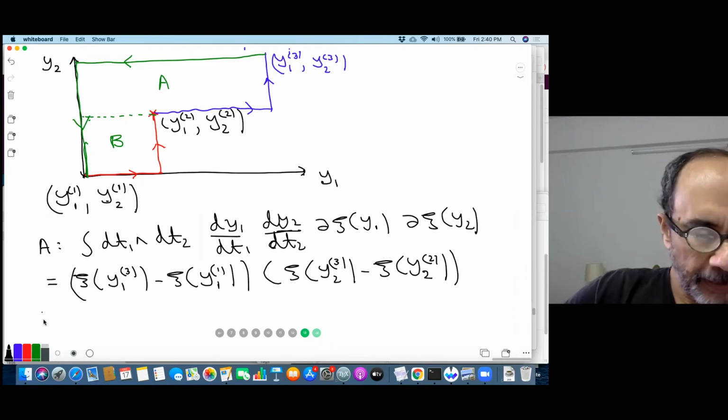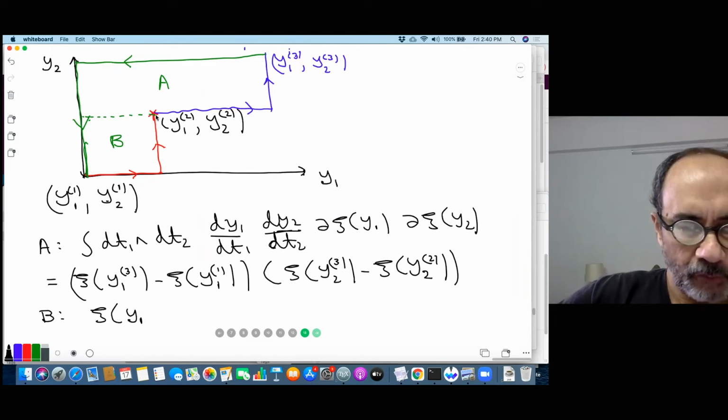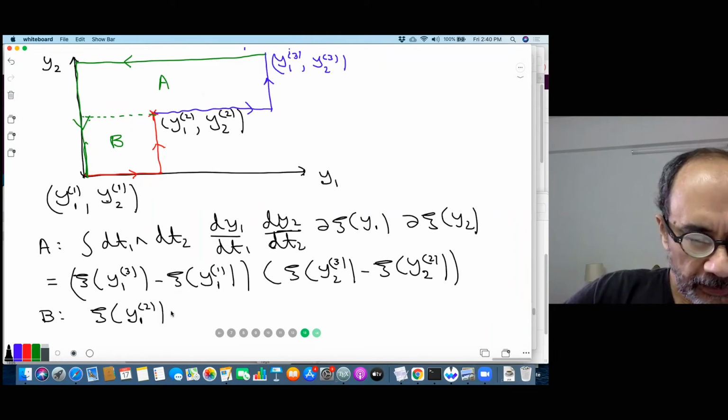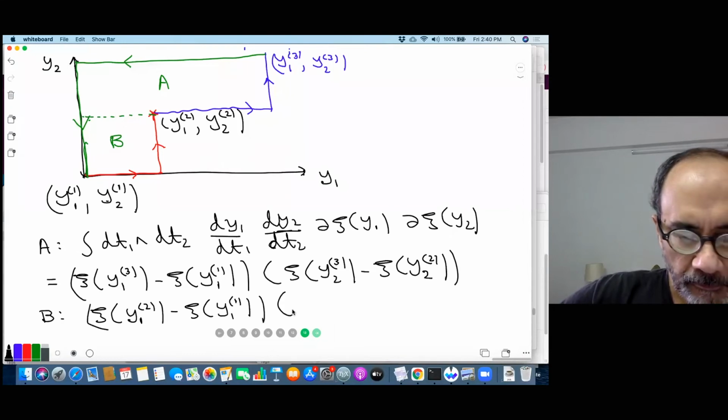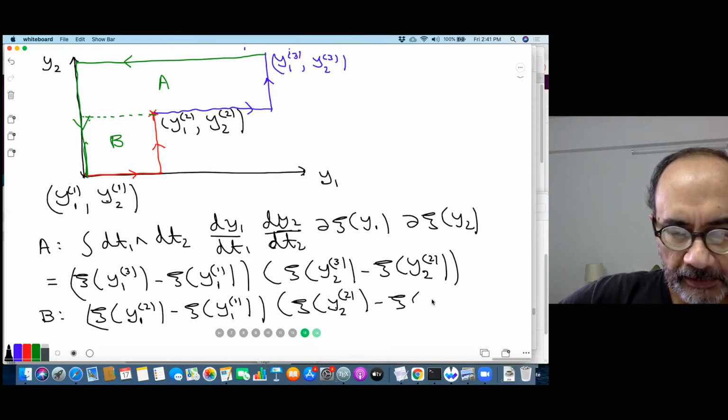Similarly, B can also be done. A similar integral except the range is different. And this will give you xi of y1. This goes from y1 to 2, both of these. So y1 2 minus xi of y11 times xi of y2 2 minus xi of y2.